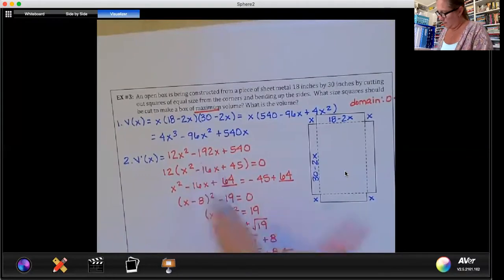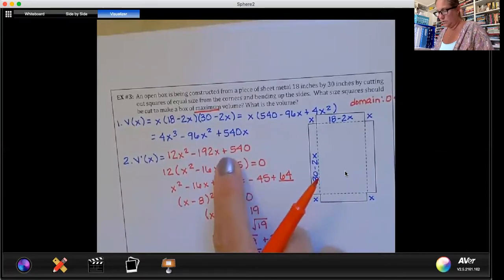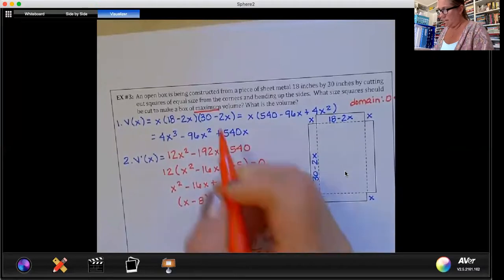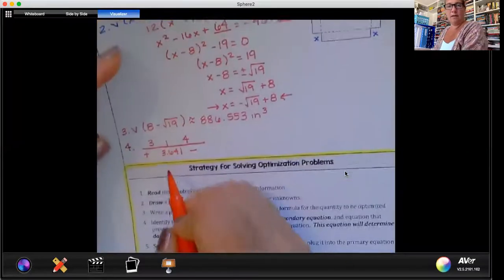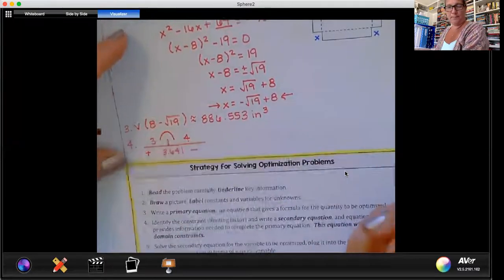That gives me a positive. And plugging 4 in, I'm just storing it as x, 12x squared minus 192x plus 540, and that gives me a negative. I am looking for a maximum, and positive to negative gives me that maximum.